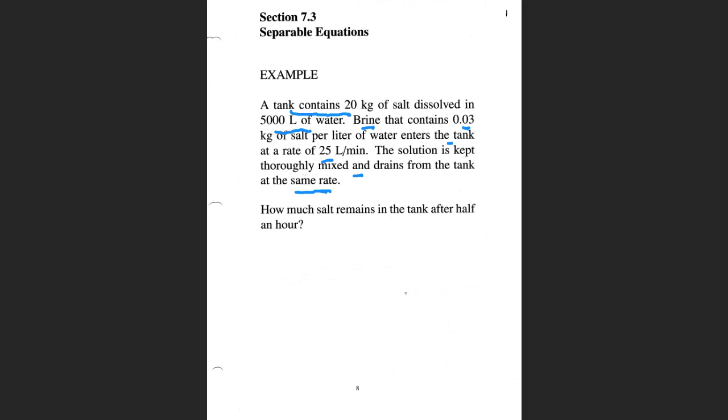Why can't we drain the tank, for instance, at a slower rate? What would happen? Well, I'm not looking for actually a pressure argument, Jonathan, but I know you're on sort of the right track. Why couldn't we drain the tank at a slower rate than 25 liters per minute? What would happen to the solution?